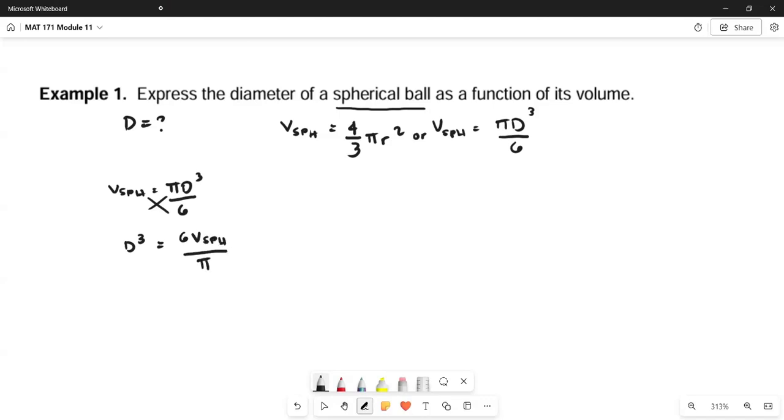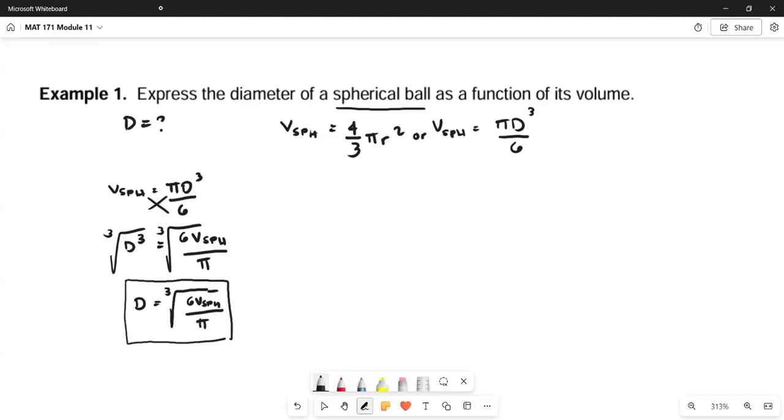But since naka-cube pa yung d natin, get the cube root of both sides, we will have d is equal to the cube root of 6 times volume of the sphere over pi. Okay, so therefore, ito na agad yung sagot natin. Simple pa siya. So wala naman ni-require sa ating i-maximize and minimize. Therefore, hindi pa tayo nagde-derivative.